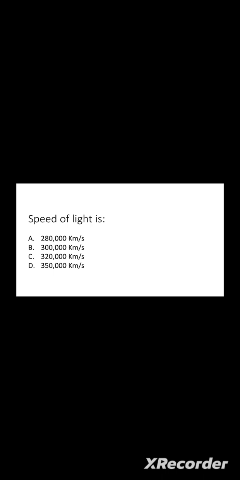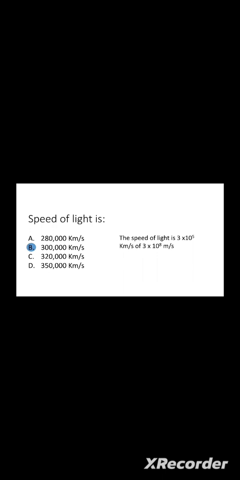In today's discussion, we'll try to solve the MCQs of the AJKPSC General Ability Test conducted in 2016. So, the first question in that paper was speed of light is. If you have a basic knowledge of science, you would know that the correct answer is 300,000 kilometer per second.